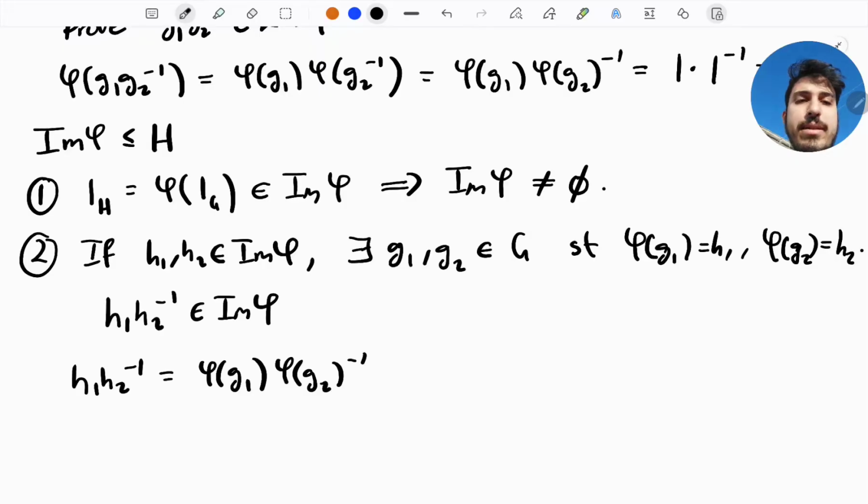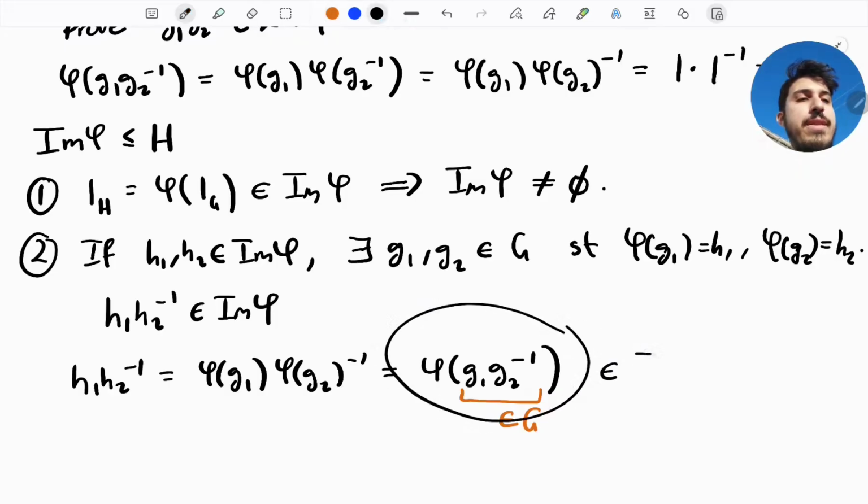And now we can combine them as before to say this is equal to phi of G1 times G2 inverse, and realize that G1 times G2 inverse is in fact an element in G, which makes this element in the image of phi. So because this element is in the image of phi, all the conditions have been satisfied to say that the image of phi is a subgroup of H.